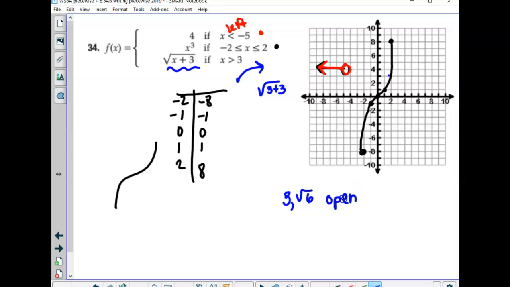Well, I don't even know where that is. What is square root of 6? Between 2 and 3 somewhere, right? So 3 and up 2.4, there's an open circle. There was a gap, though, wasn't there? This rule ended at 2, and this one didn't start till 3? Okay, I've gotta make sure I didn't do something wrong. Now, if I put in a 4, I get square root of 7.